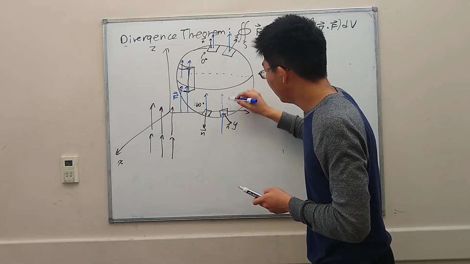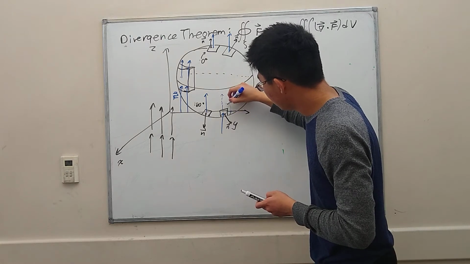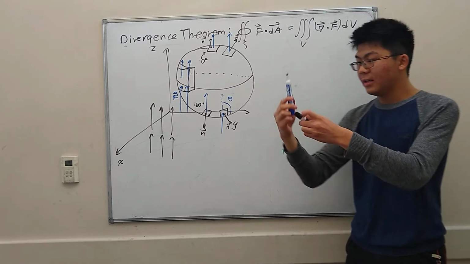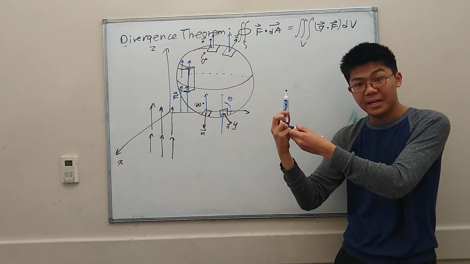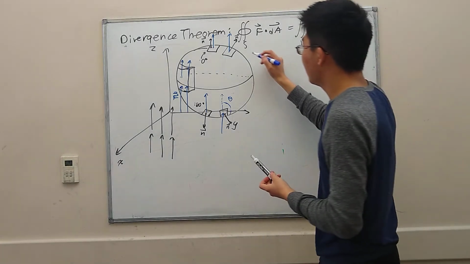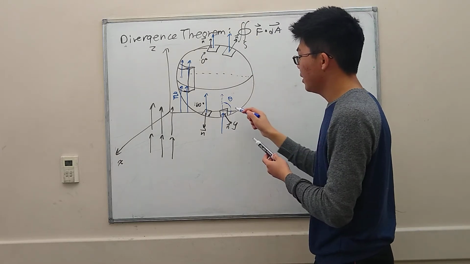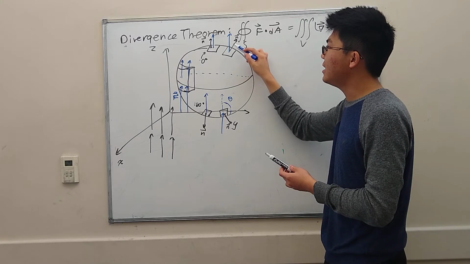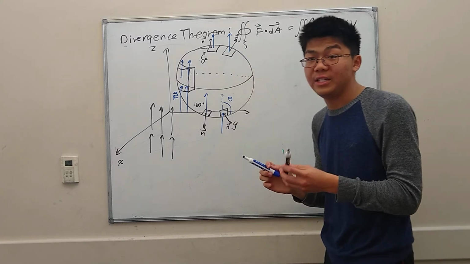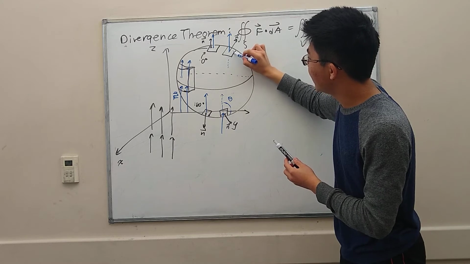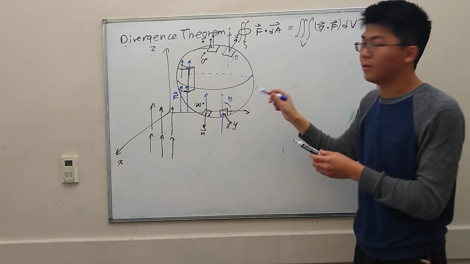Let me call the angle between these two vectors theta. And in this case, notice how this angle theta and this angle is complementary. In this case, if we draw another little dotted line, the angle here is also theta.